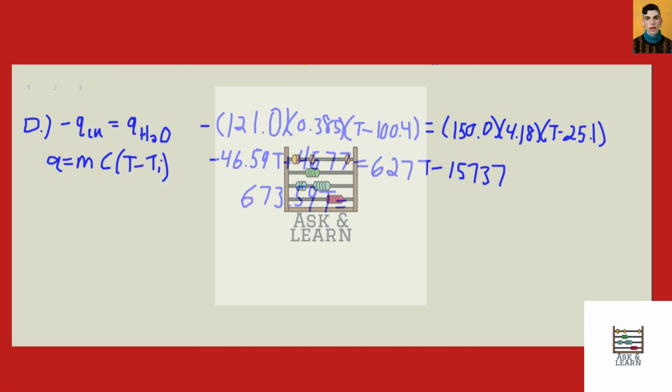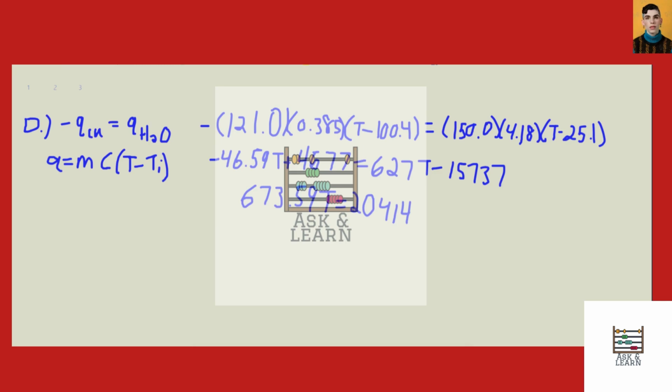Sorry, wrong calculation earlier. That's going to equal 20,414. So now we divide both sides to isolate T.